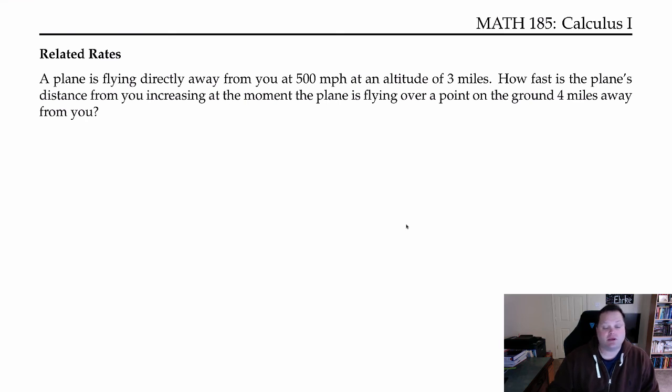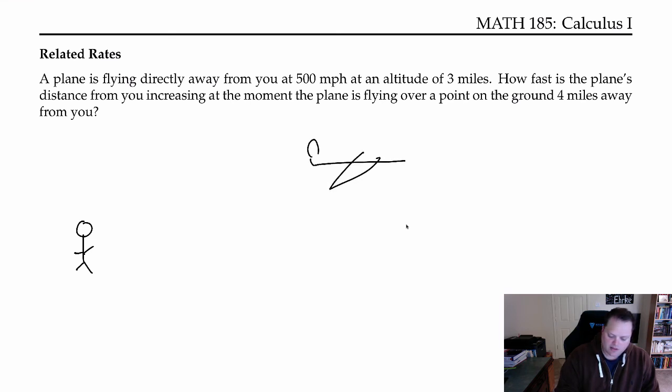It's probably going to be similar to one you've already seen because we've seen a lot of them at this point. This is an example kind of unlike one we've seen so far, which is why I wanted to do it. So suppose a plane is flying directly away from you. So we're here, plane, do my best, plane.